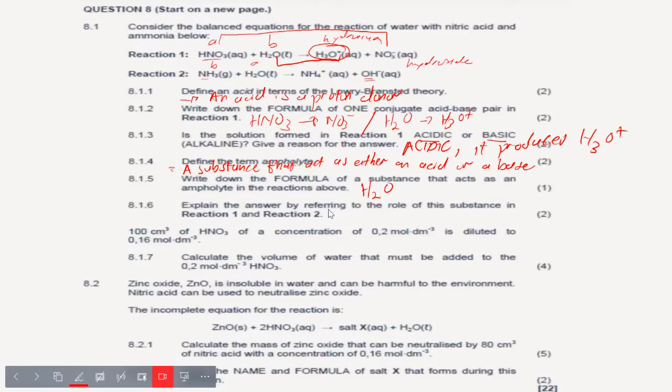We will say that in reaction one, it acts as a base.